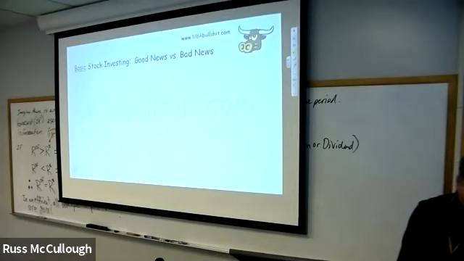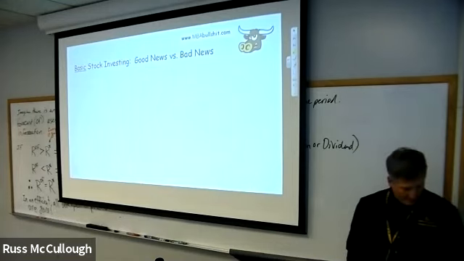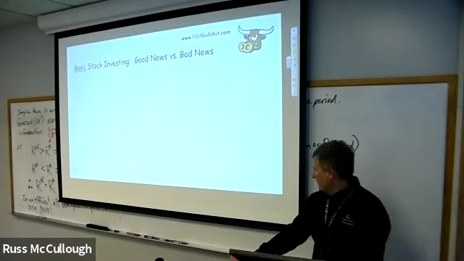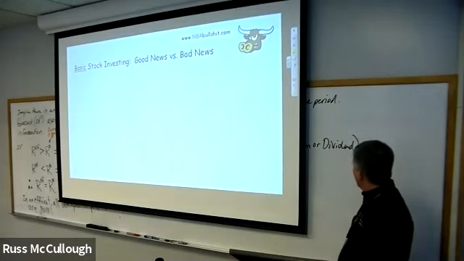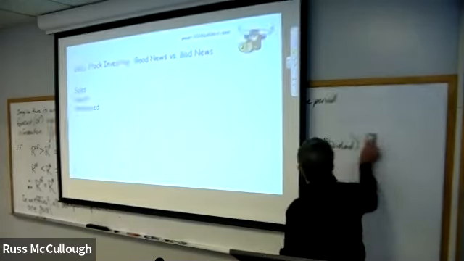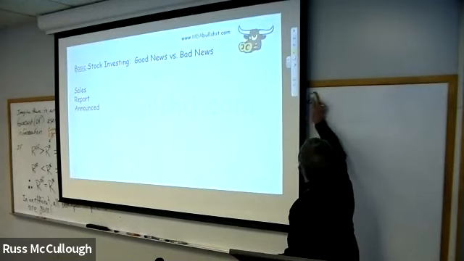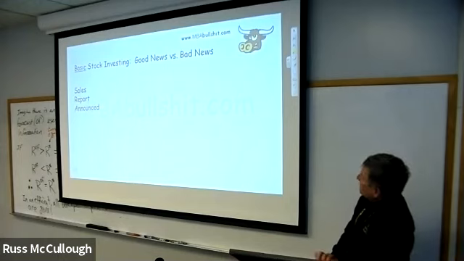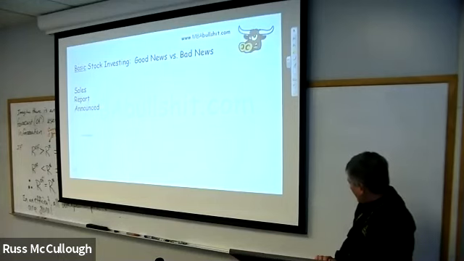Okay, first of all, it's best to recall basic stock investing. Okay, now basic stock investing or basic stock playing or trading or whatever you want to call it, or whatever type, they're not exactly the same. But anyway, in basic stock investing, it's a game of good news versus bad news. Now, what do I mean by that? Well, it depends on sales reports, for example. Sales reports, income reports, or profit reports, if you want to call it. Anyway, what does this mean?